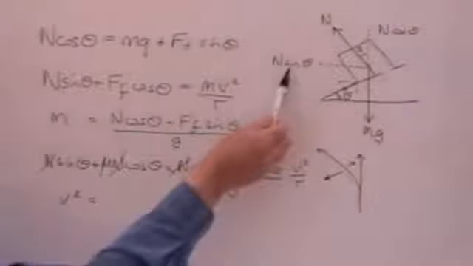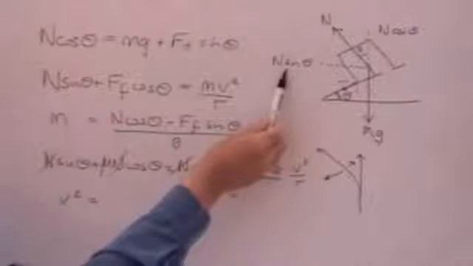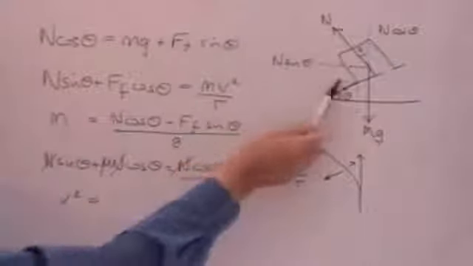which is going to be the maximum speed that I can go round this banked turn, relying not only on the component of the normal force, but also the frictional force to provide my centripetal force.